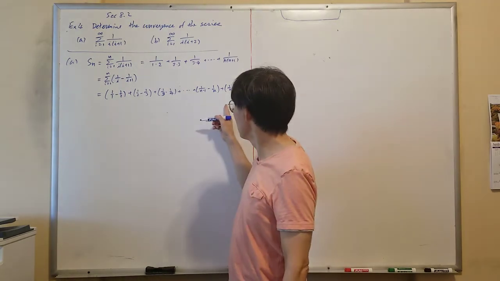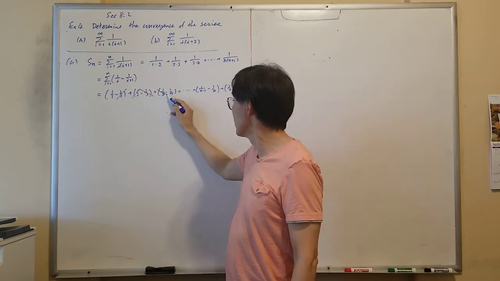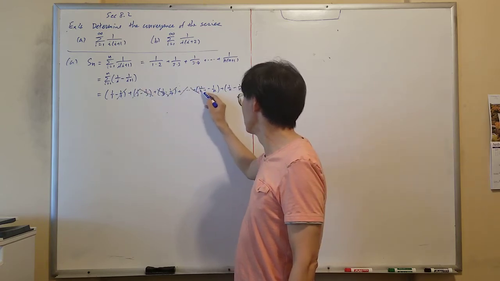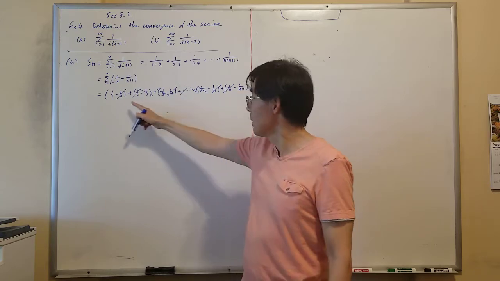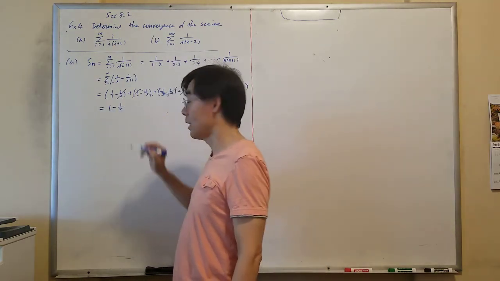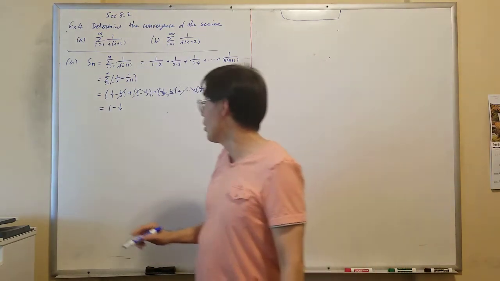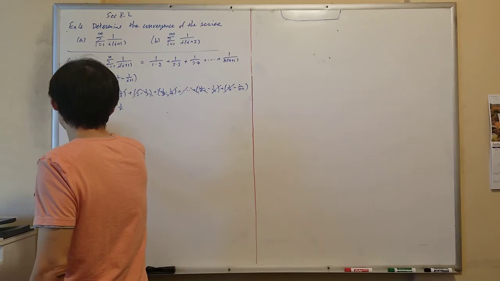So if you add them up, what is that? The middle terms cancel all the way, except for the very first term minus the very last. Okay?